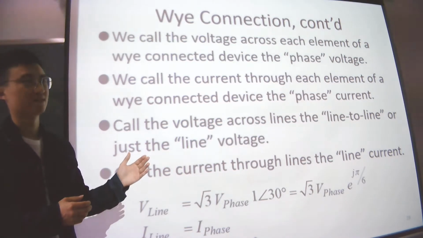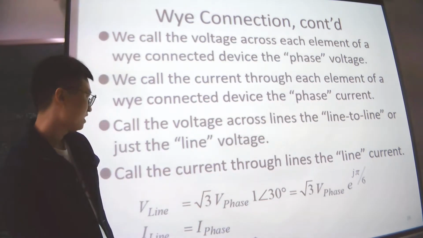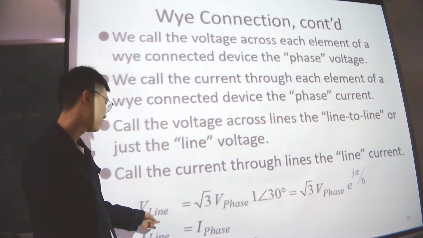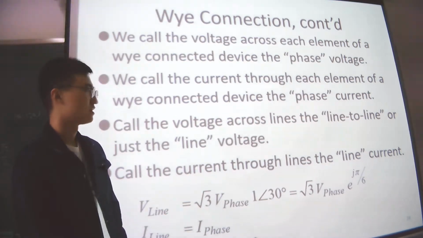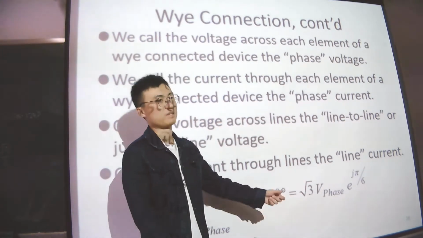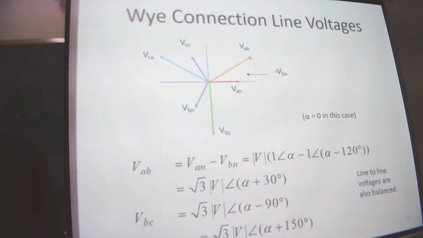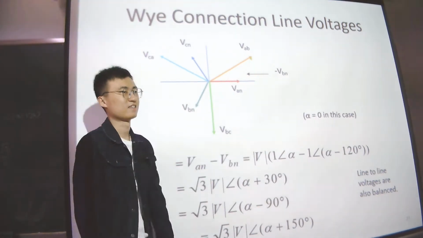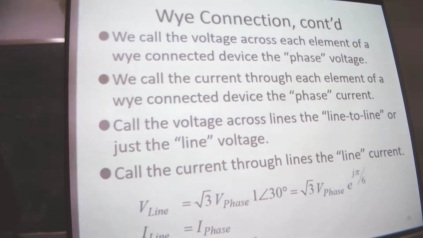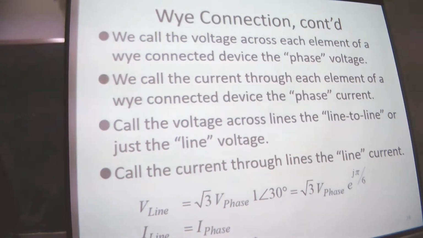For example, if we assume the phase A voltage is at 60 degrees, then the line voltage of phase A is 60 plus 30, which is 90 degrees. So you just rotate it. Everybody understand this? So we're now going to the delta.